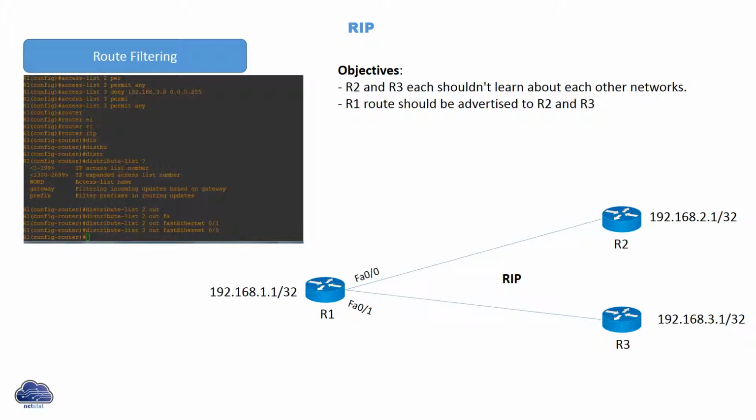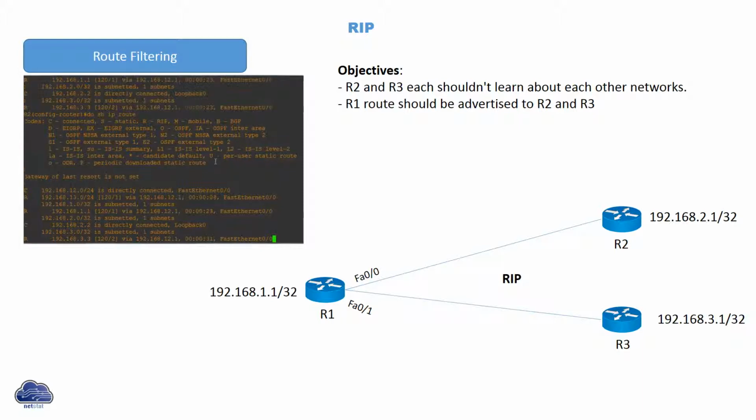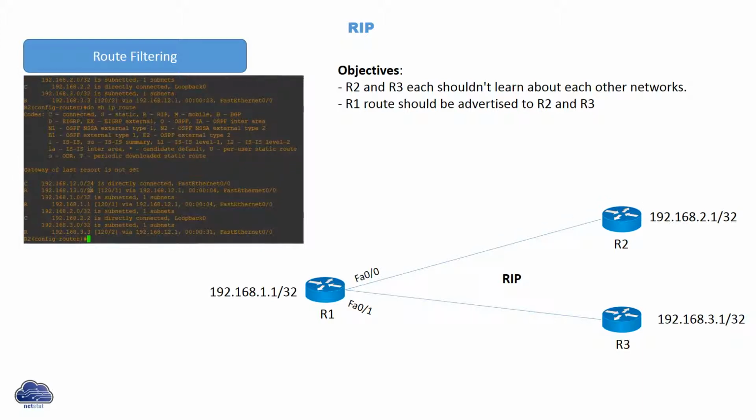Now let's have a look at the R2 and R3 route tables. Okay, we can see here on R2 we have R3's route. Now it started to expire.